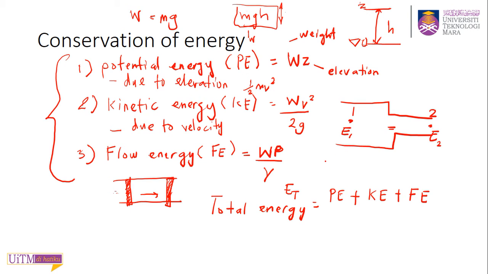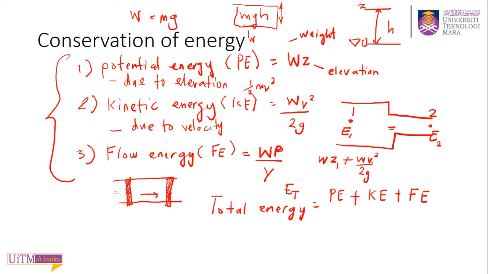Alright, so your potential energy is equal to WZ1. We refer to E1 first, the energy at point 1, plus your kinetic energy, W V squared over 2G.